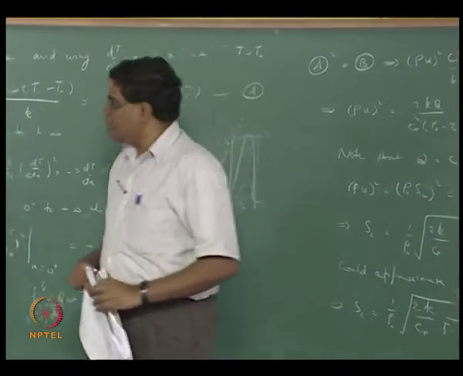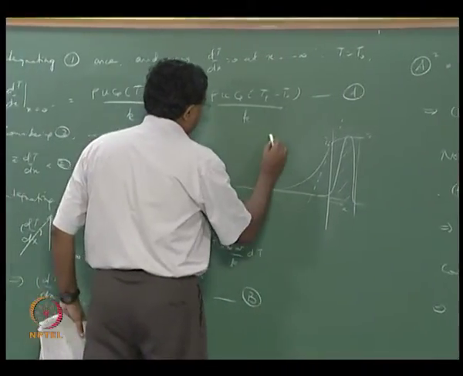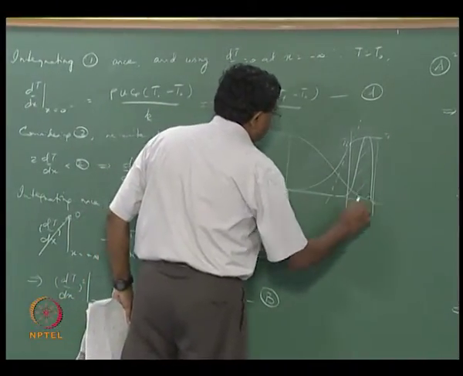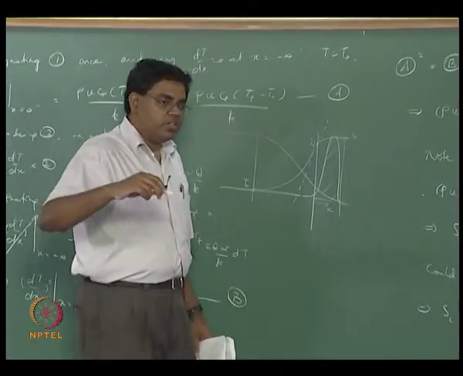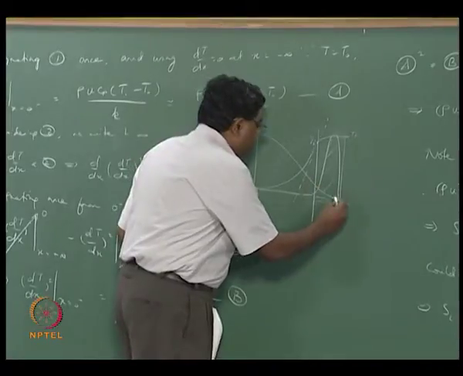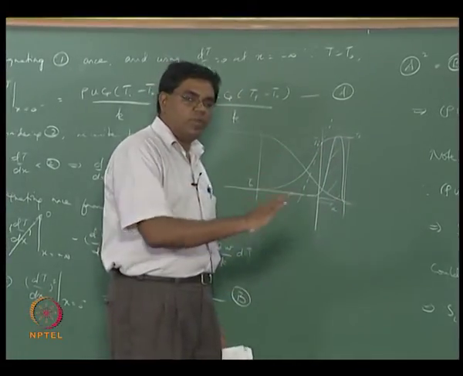Now keep in mind that the concentrations of the reactants are actually going to fall like this, and the A e to the minus E by RT times the concentrations is now going to give rise to a certain variation with temperature, which is a bit peculiar.